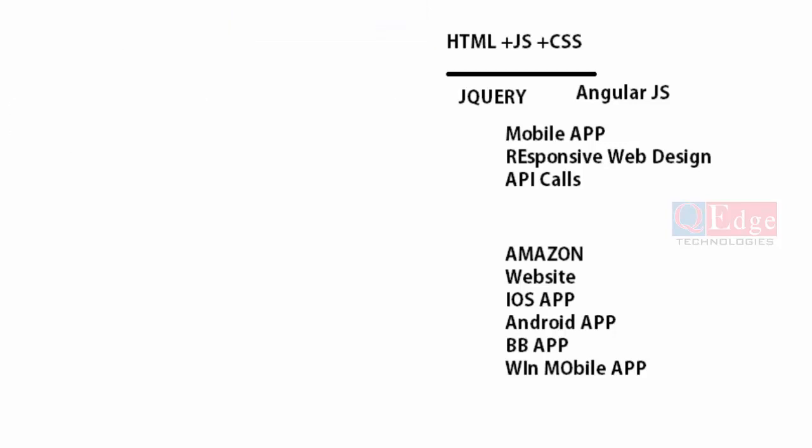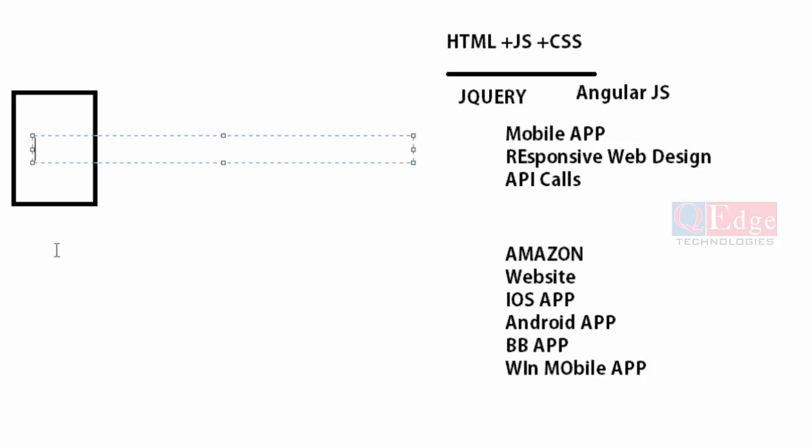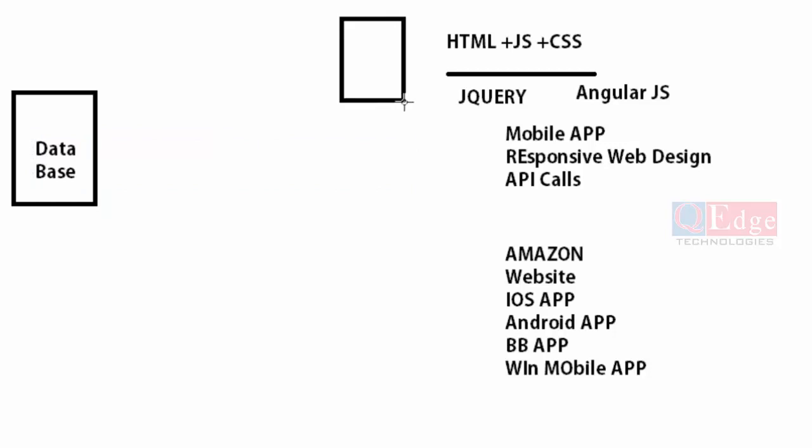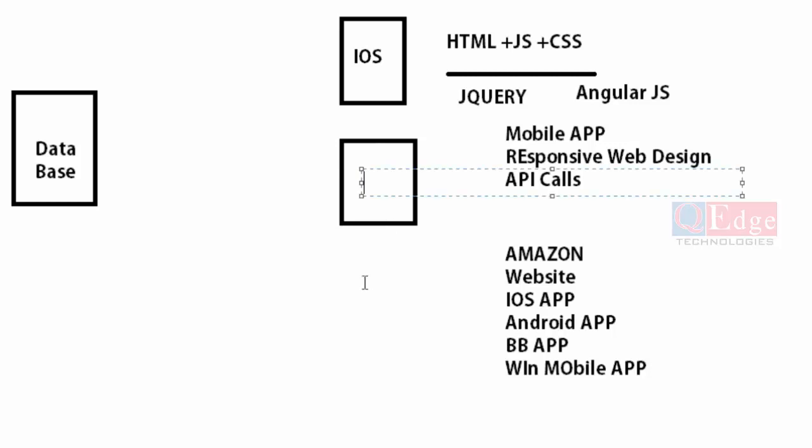See, for a product there will be a single database. Why? Because all the data is maintained as one unit, right? So let it be some database. Now coming to these products, suppose this is some iOS app, and in the same way this is an Android app.